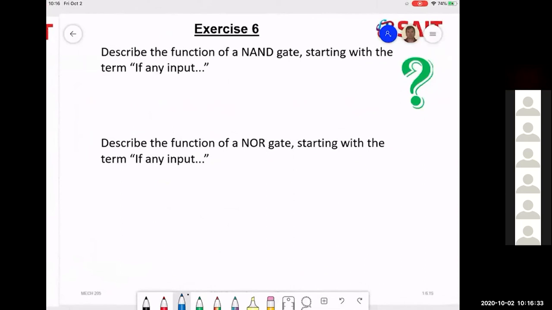Talking about NANDs. If someone can answer me this, describe the function of an AND gate with the term, if any input is what, the output will be what. If any input is high, what will the output be?